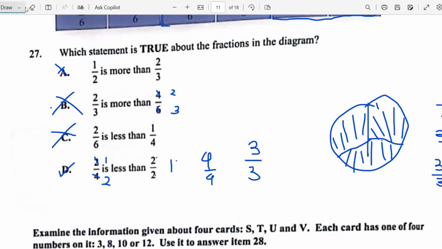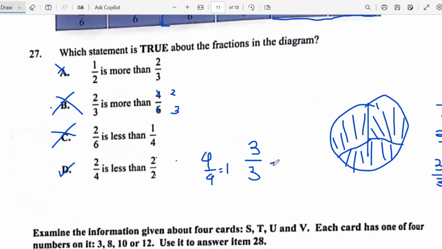So here, I'm going to erase this part just to show you. Some of us might not know that a whole number is any number over itself. So once the numerator is the same as the denominator, this is a whole number. 9/9 is a whole. 3/3 is a whole.